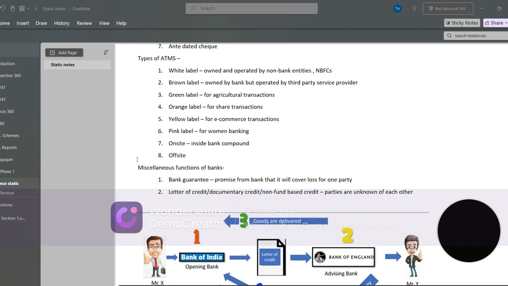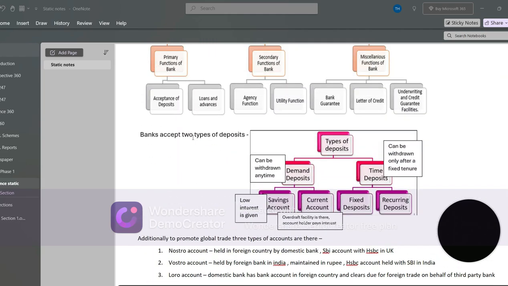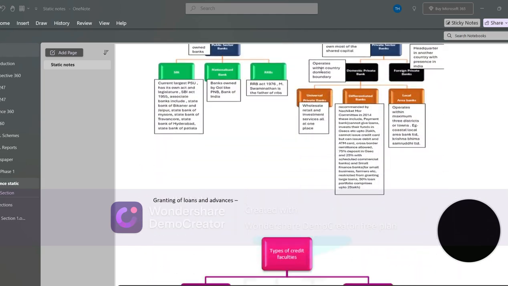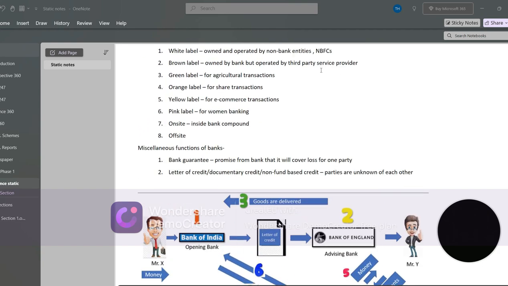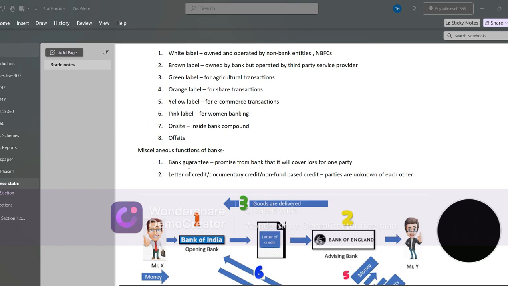The miscellaneous functions of banks. We did the primary functions, secondary functions, and now we will do the miscellaneous functions. The miscellaneous functions are bank guarantee and letter of credit. Bank guarantee is basically a guarantee.